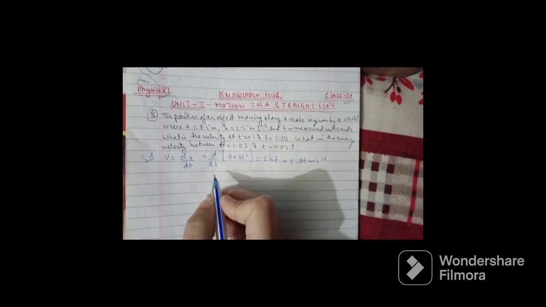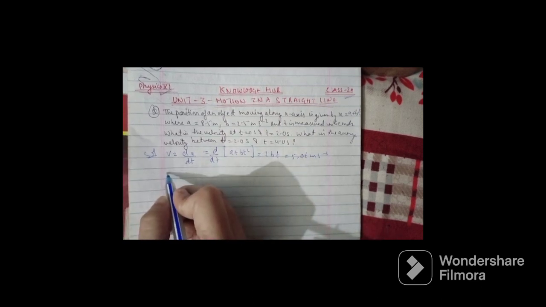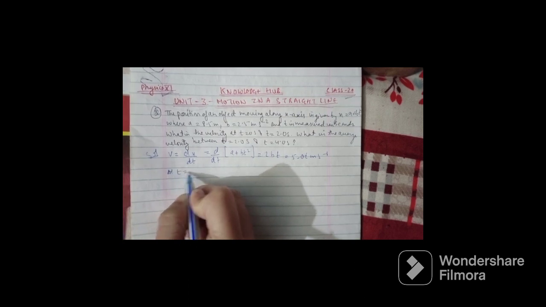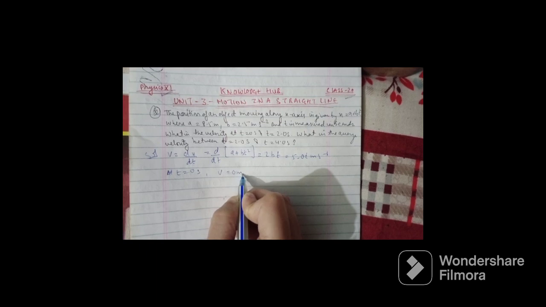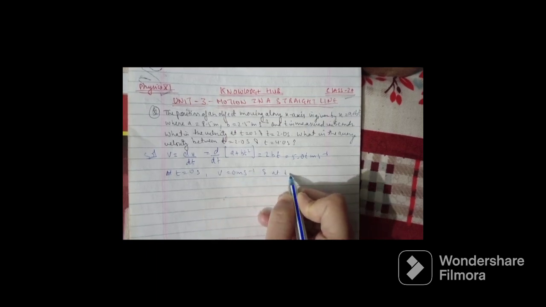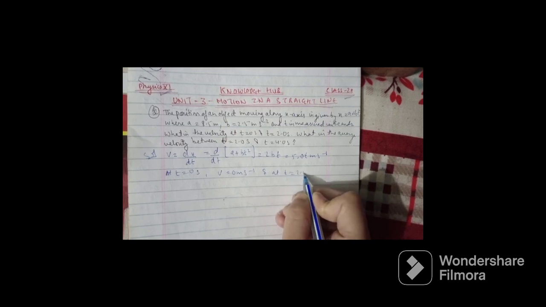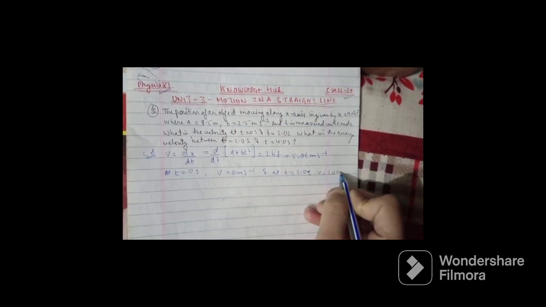So at t equals 0, v equals 0 meter per second, and at t equals 2.0 second, v equals 10 meter per second.